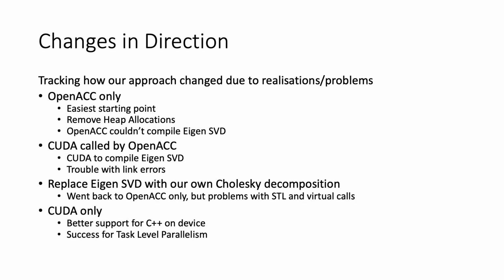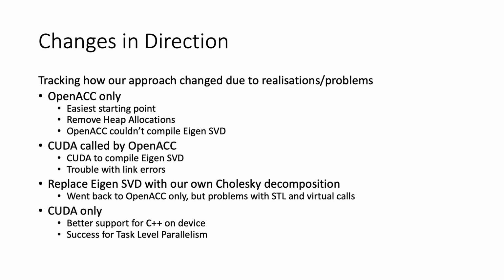And this is just talking a little bit about our sort of flip-flopping about how we're going to do this as things unfolded during the course of the week. So we started out with this idea that we'll do everything OpenACC only. It's the sort of easiest starting point.